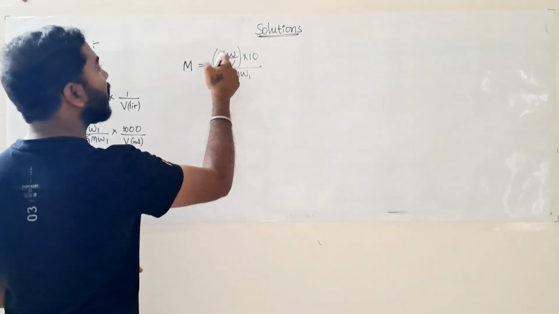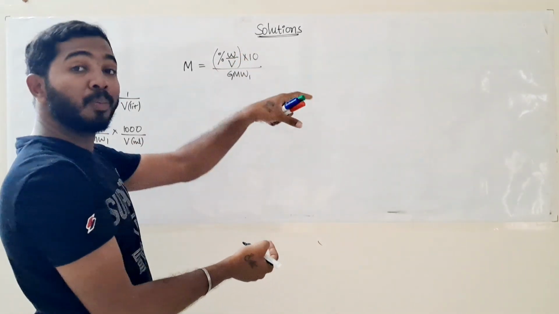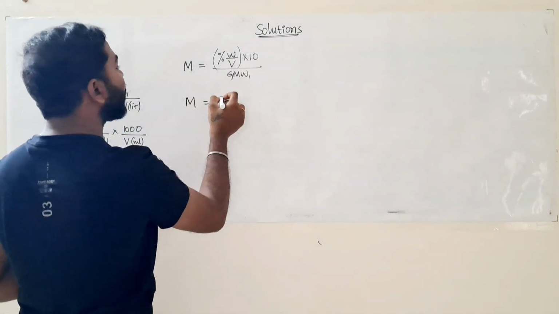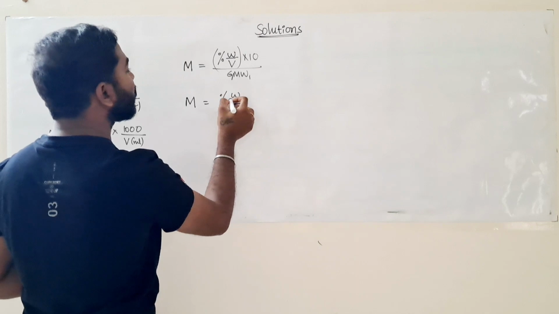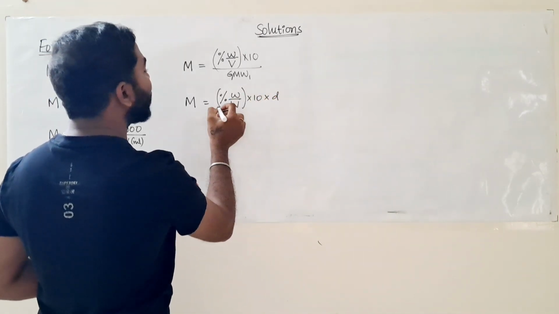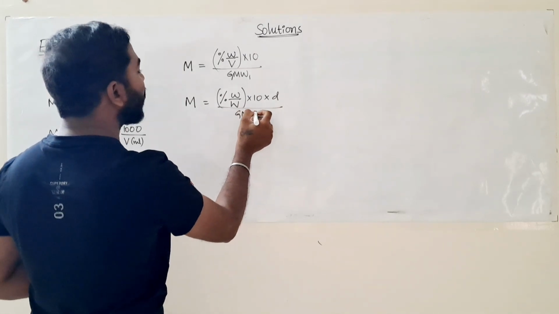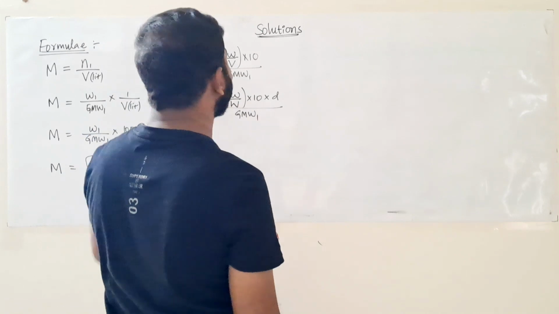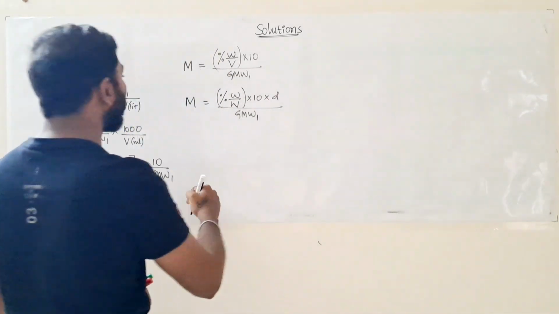And then next, if we want to convert this weight by volume percent to weight by weight percent, then we need to bring the density factor into the picture. That is weight by weight percentage into 10 into density by gram molecular weight of solute. So how have we converted this weight by volume into weight by weight percent? I hope you know that.